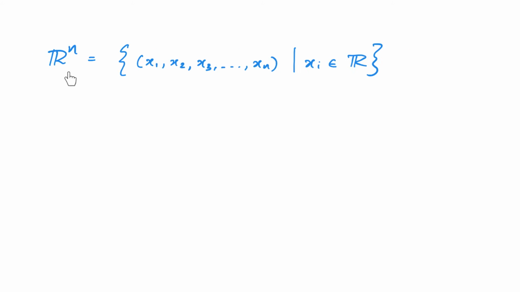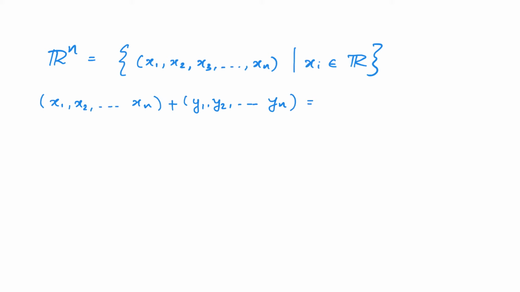As of now, this Rn is just a set. It just contains some elements. But we can use the extra structure of real numbers, basically that we can add two real numbers and multiply two real numbers, to give some extra structure for Rn. For instance, if you have two elements, say x1, x2, etc. up to xn, and y1, y2, etc. up to yn, then we can add these two elements.